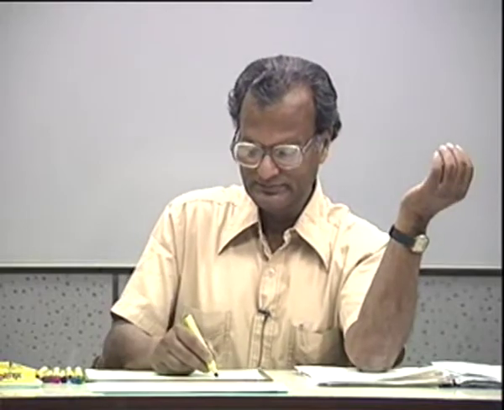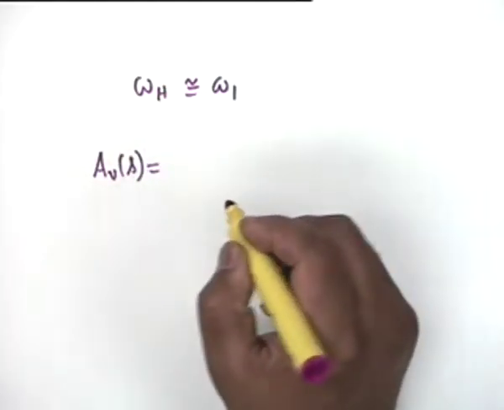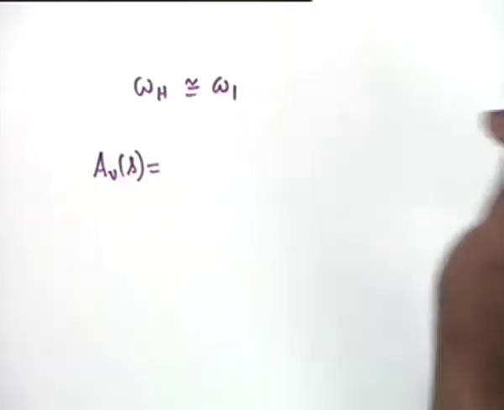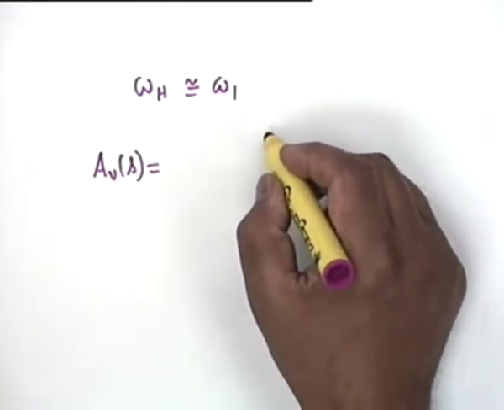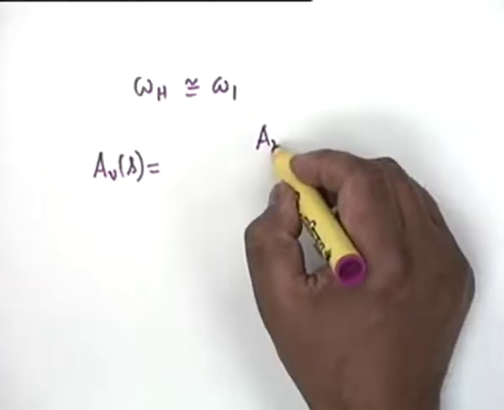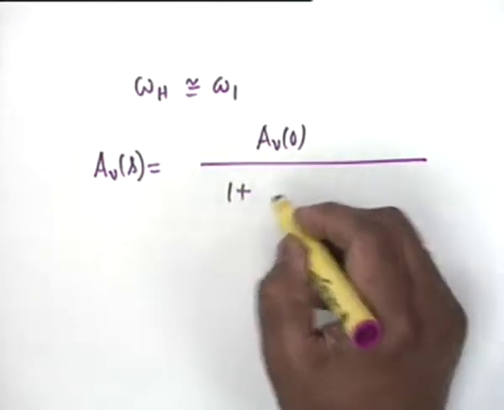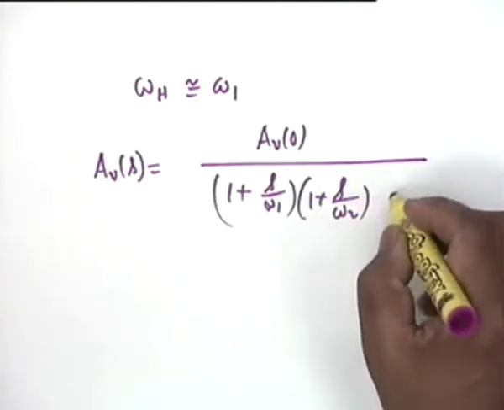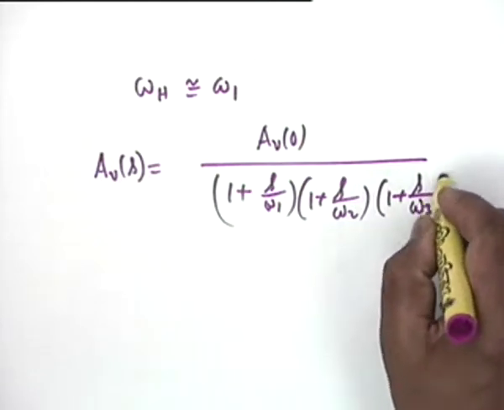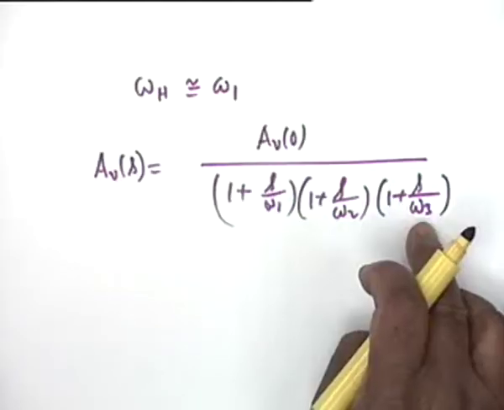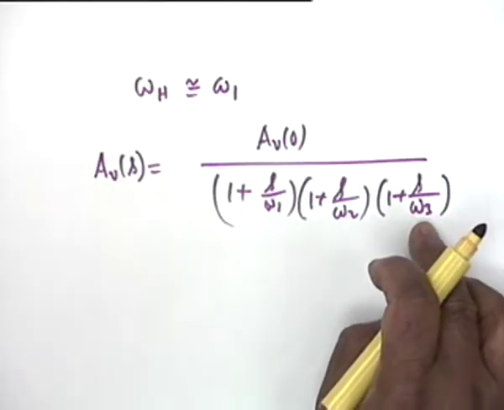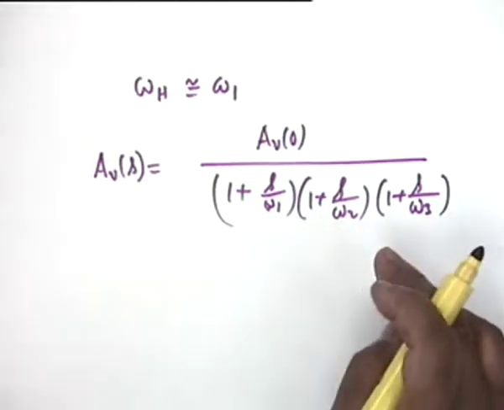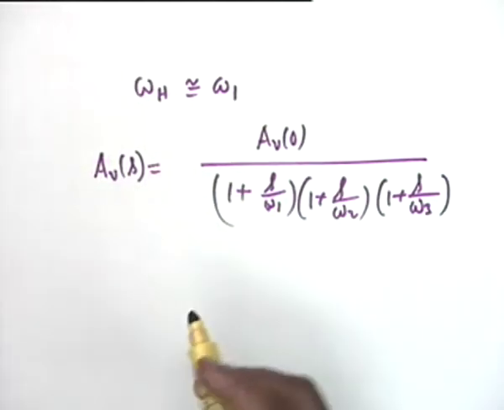Now, if you are fussy, if you say no, my parameters are such that omega 1, omega 2, omega 3, none of them I can ignore. If that is the consideration, then the problem is not very difficult. You see, my expression is 1 plus s by omega 1, 1 plus s by omega 2, 1 plus s by omega 3. It is not difficult to calculate omega h exactly. If omega 2 and omega 3 are not an order of magnitude higher than omega 1, then what determines omega h?